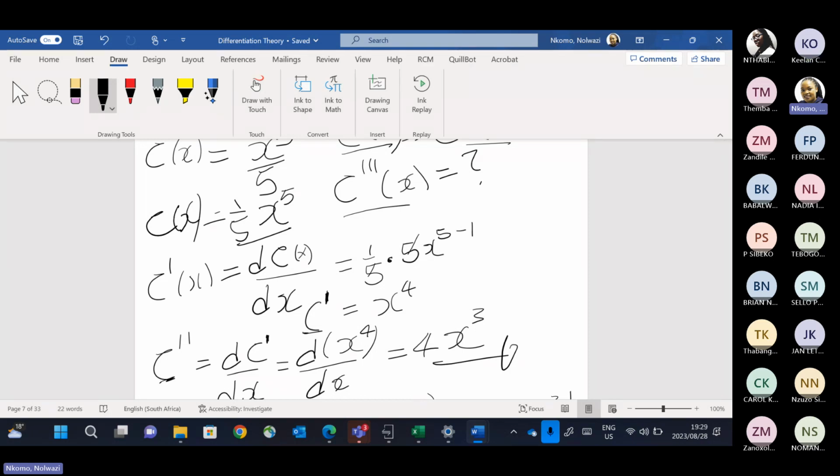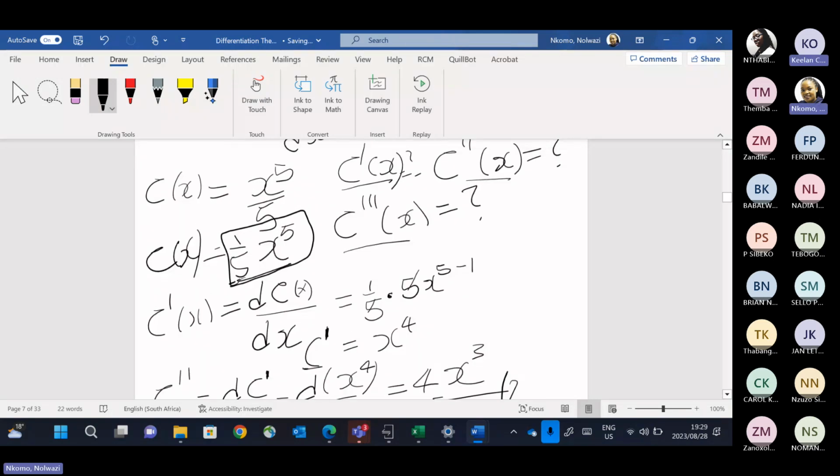Okay, remember, our original function was x to the power 5 over 5, which is the same thing as 1/5x to the power 5, right?